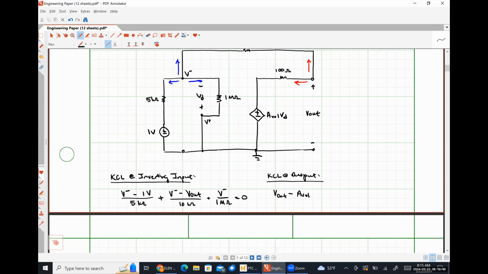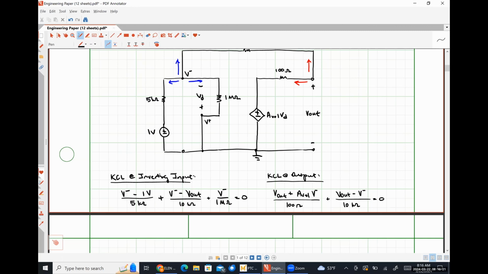Because it'll be V plus minus V minus, and V plus is 0. So this is actually going to look like V out plus AVOL times that nodal voltage V minus, over 100 ohms. And then we're going to have V out minus V minus over 10 kilo ohms is equal to 0. And we now have a simple 2-equation, 2-unknown system that we could solve.